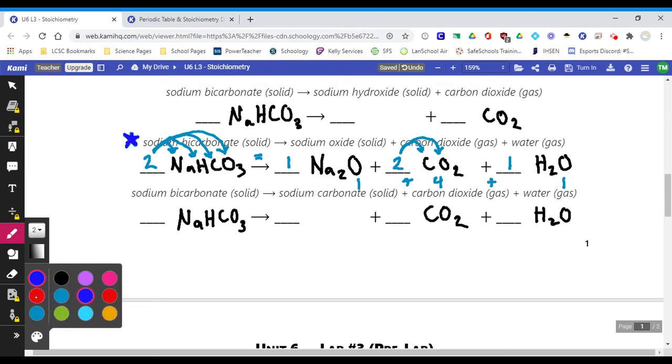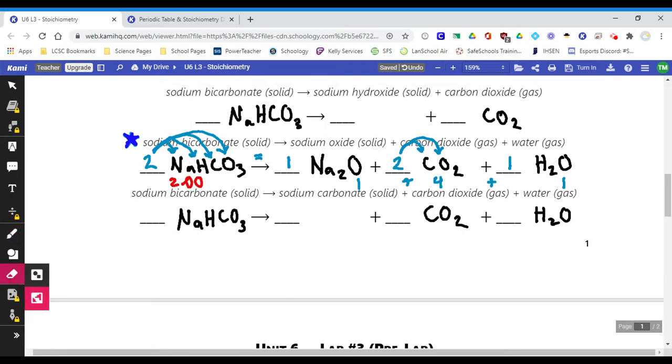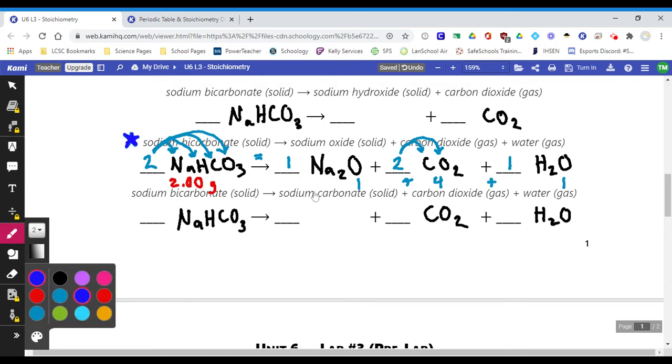We know we have 2.00 grams of NaHCO3, and we want to figure out how many grams of Na2O we're going to make out of that. Let's do a different color.